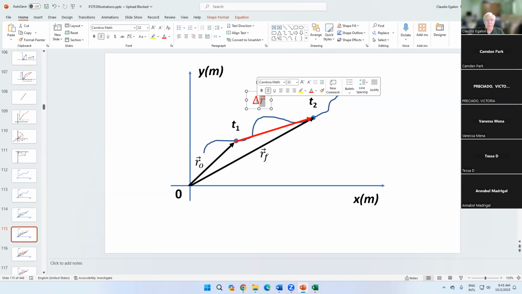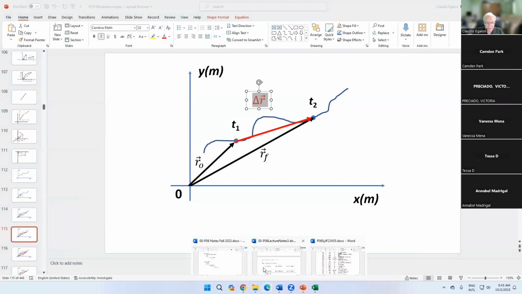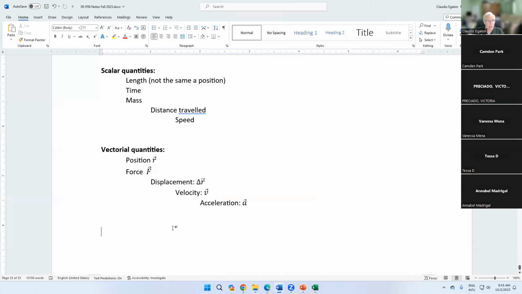I'm going to write that down in my notes. Vector displacement is defined exactly in the same way as the scalar displacement. It is the final position minus the initial position.